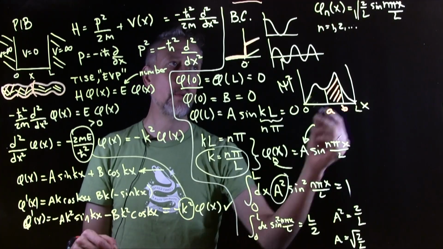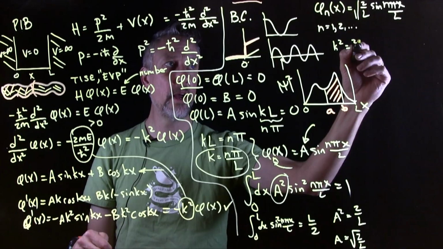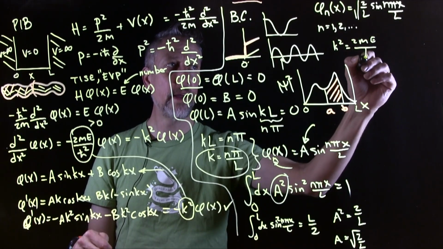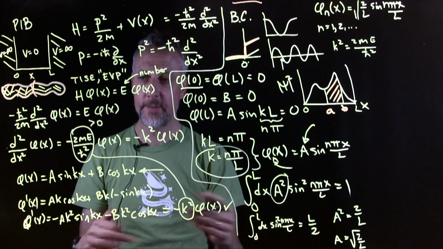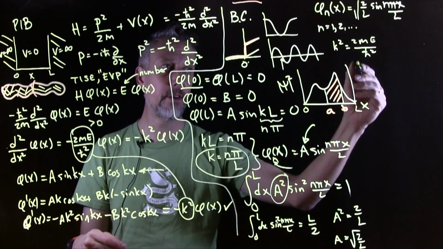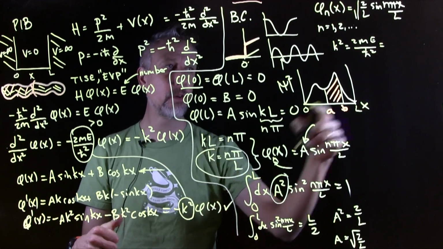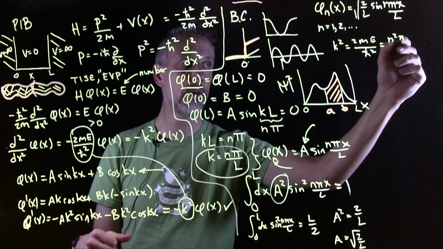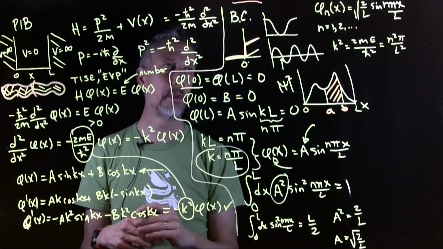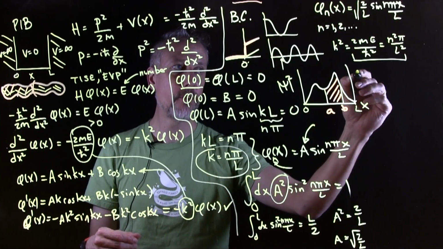So we just write that down: k squared is equal to 2mE divided by h bar squared. We want to solve for energy. k squared is also equal to n squared pi squared over L squared. This is the one we want to manipulate, and so we can solve this for energy.